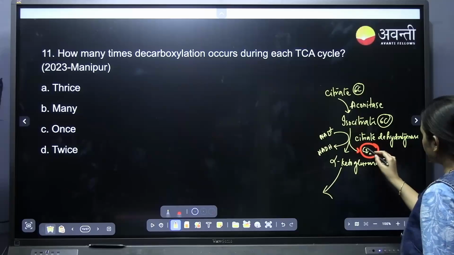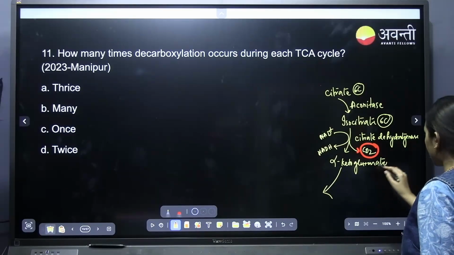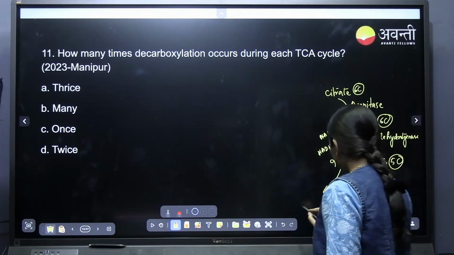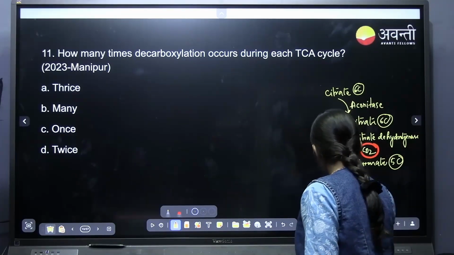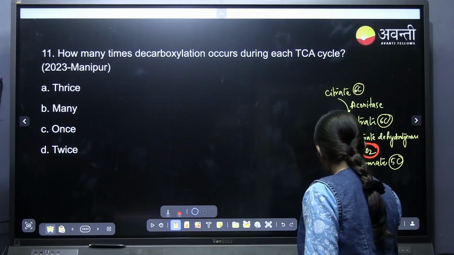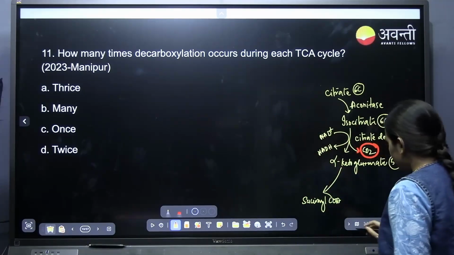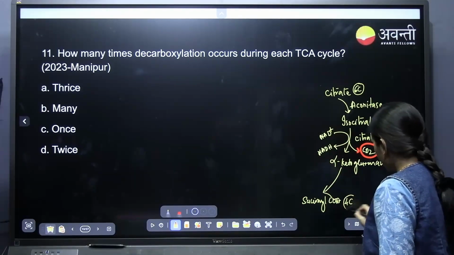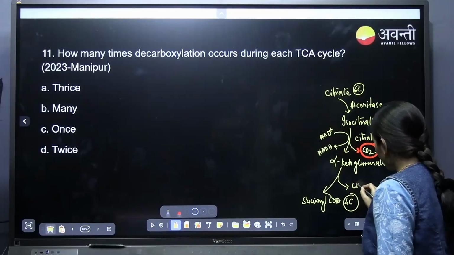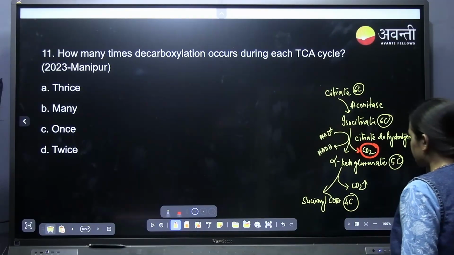Now, as one molecule of CO2 has evolved, alpha ketoglutarate is 5 carbon molecule, and this will be converted to succinyl CoA.